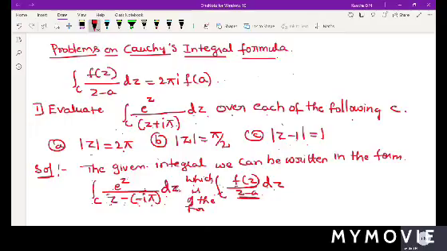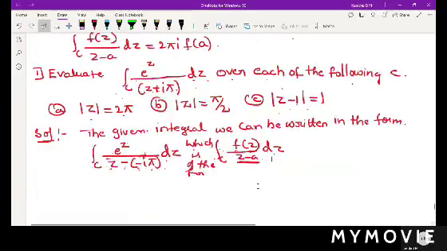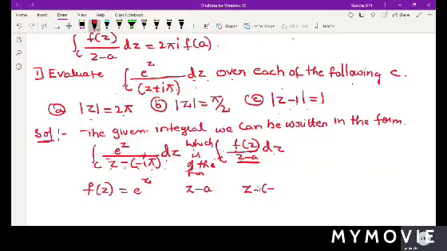Here f of z is equal to e to the power of z, and observe that z minus a compared to z plus i pi: in place of a here we have minus i pi.